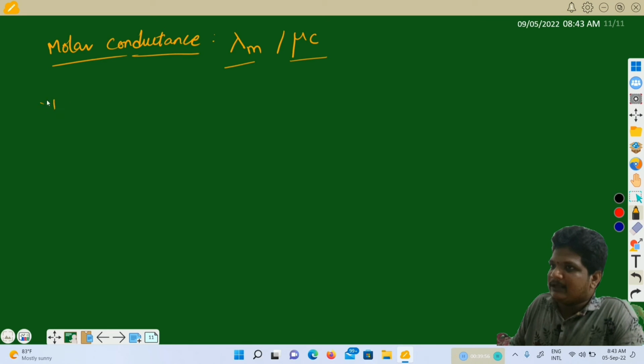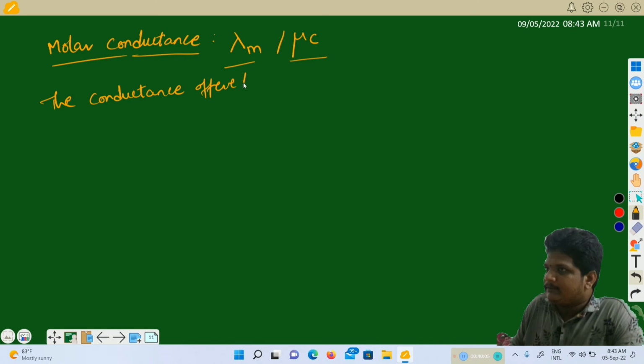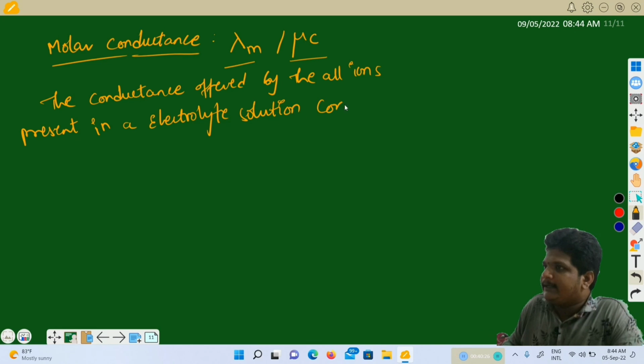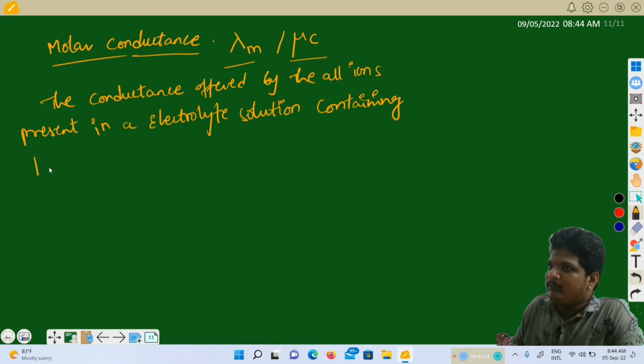The conductance offered by all the ions present in an electrolyte solution containing 1 mole of electrolyte.